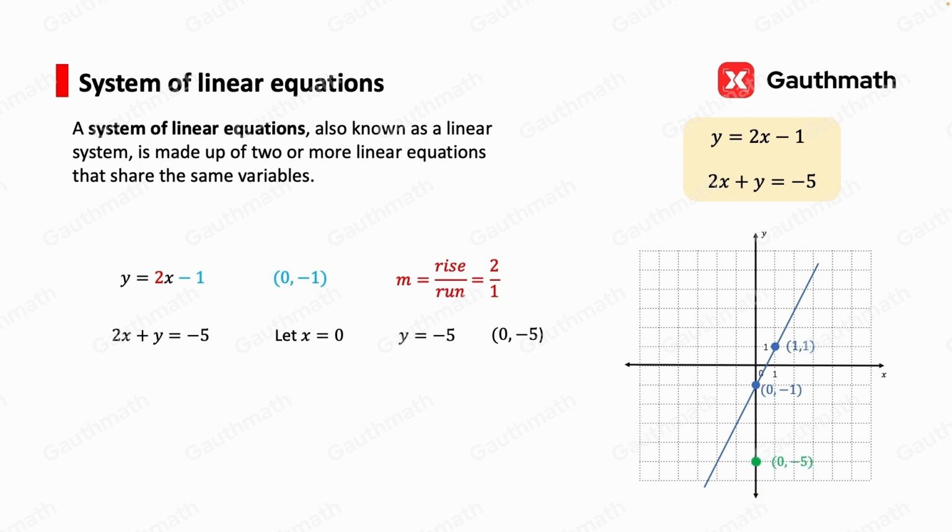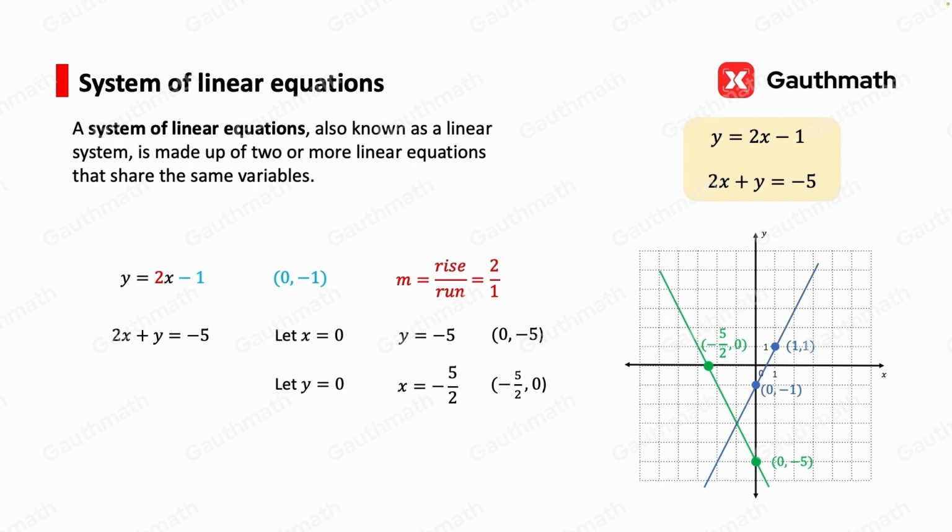Let y equal 0, solve for x, and then we get the point (-5/2, 0). It's a point on the x-axis, and that's the x-intercept. So now we have 2 points, we connect them, and then that's the graph we are looking for.